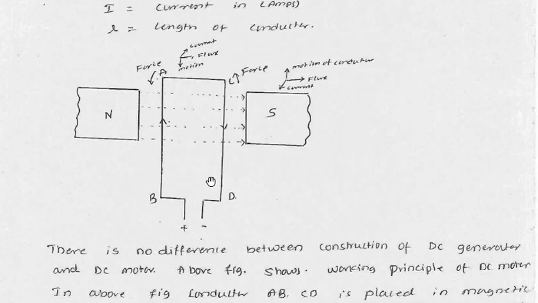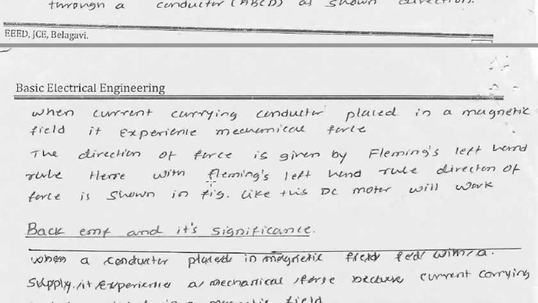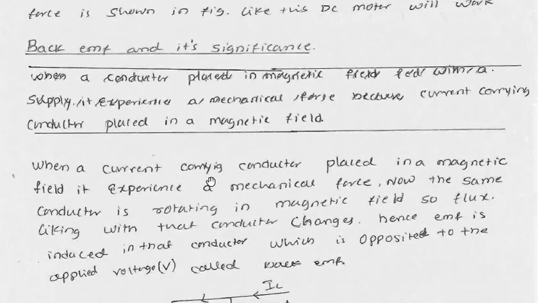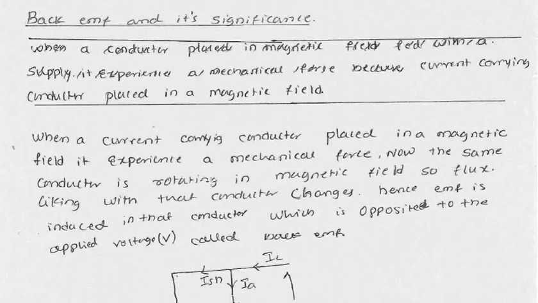When it is rotating, the same conductors are experiencing a change in flux, because all the conductors are rotating and there is a flux linked with them. The flux linked with them is changing. Whenever there is a change in the flux linked with a conductor, an EMF is induced in the conductor, and that EMF is called back EMF.